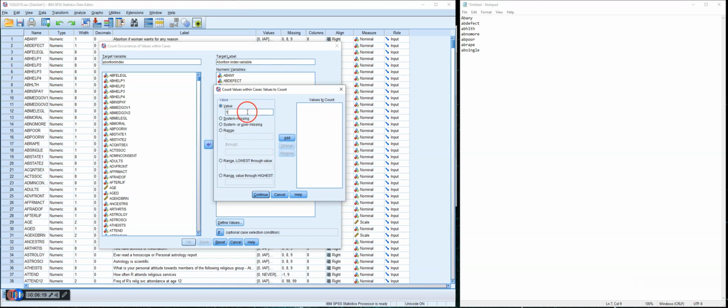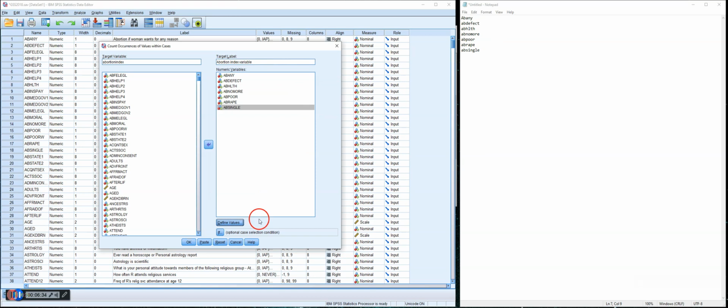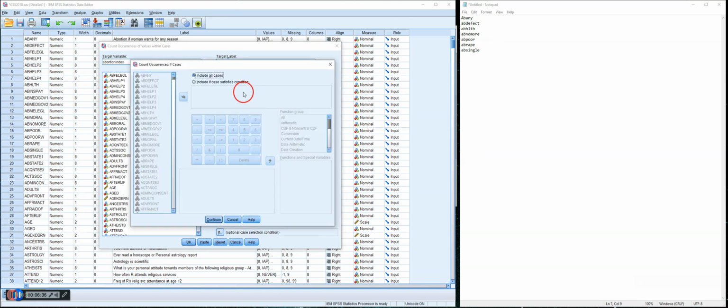So we are counting the answers coded as numeric 1, because they are yes, so answering yes to all of those questions. So 1 and continue. One important thing is that there should be no missing value.